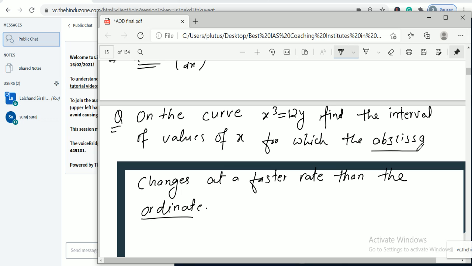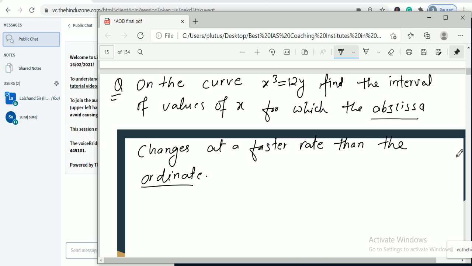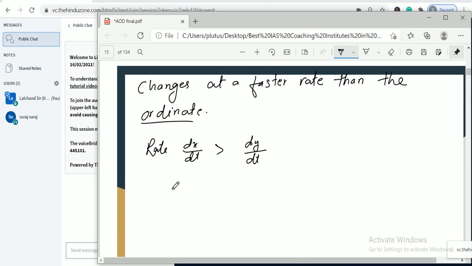Okay. So what is that supposed to mean? Let's suppose we write the rates as dx by dt and dy by dt. Okay. So this is greater than this. So if we take the ratio of these two, we can say the mod of dx by dt over dy by dt should be greater than 1.